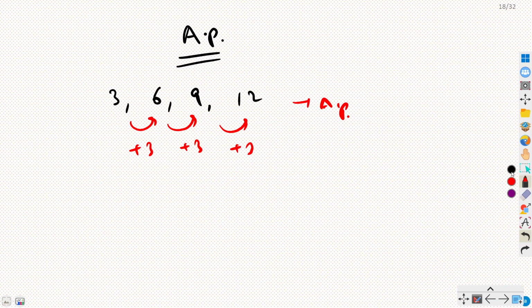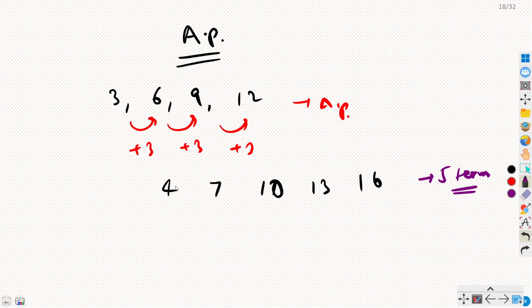Now in an AP, if you have an odd number of terms, let's say you have 4, 7, 10, 13, and 16. Now here you have 5 terms, which is odd, right?